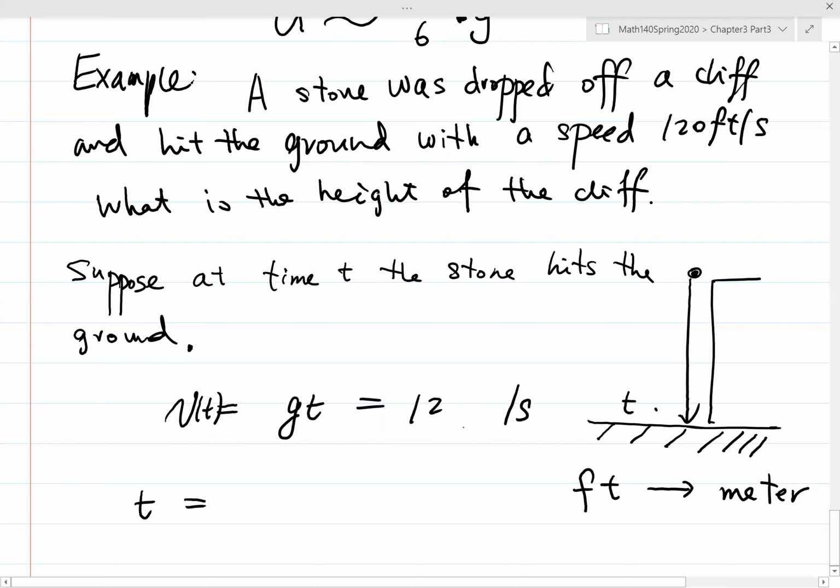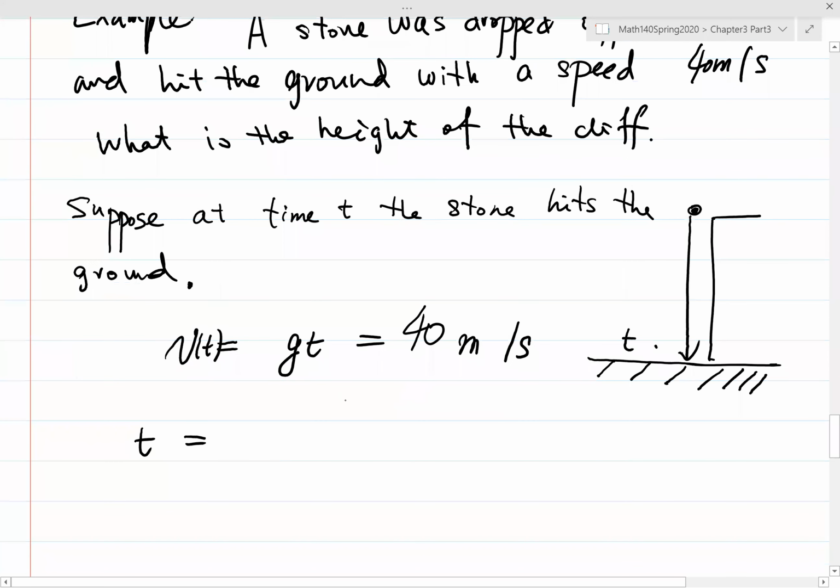I'm not comfortable with the feet. Let's use 40 meters per second. So we don't need to change units anymore. So T should be 40 meters per second over 9.8 meters per second squared.